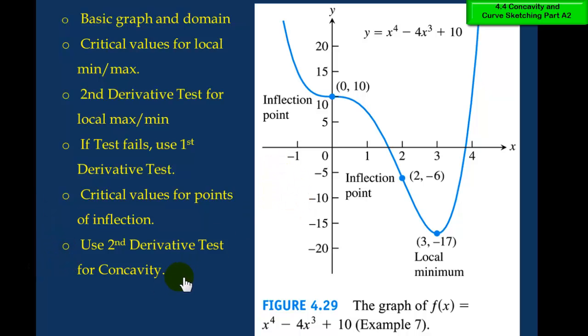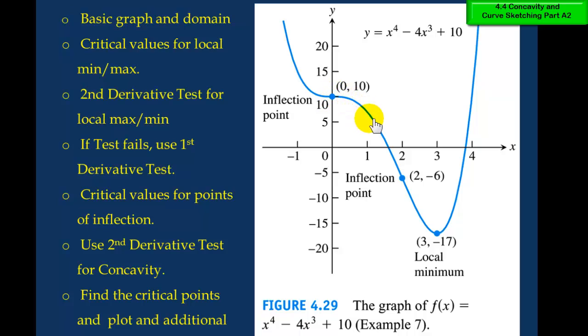And then, of course, we plotted all those critical points for local minimum and the critical points for points of inflection.